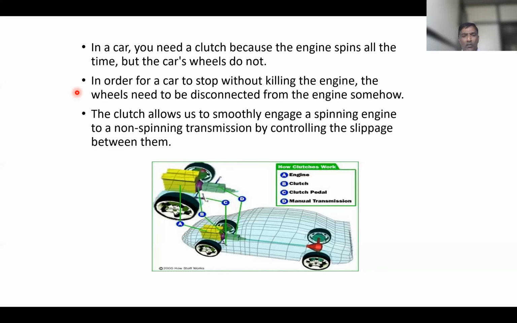In order for a car to stop without killing the engine, the wheels need to be disconnected from the engine somehow, and for that a clutch is required. The clutch allows us to smoothly engage a spinning engine to a non-spinning transmission by controlling the slippage between them. So these are some of the aspects regarding the clutch.